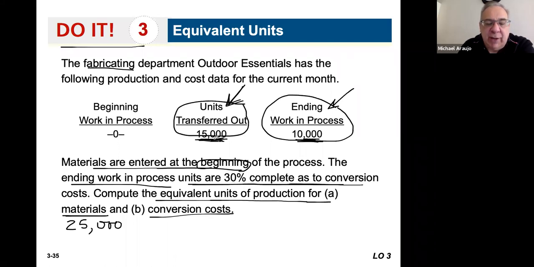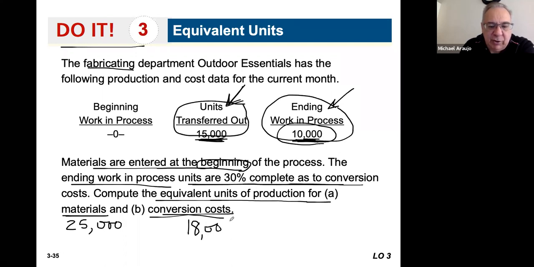If they're transferred out, they're completed, everything is there. So for conversion costs, all 15,000 of the units that have been transferred out have conversion costs in them. But we're going to only add 30% of that number, which is 3,000. So in terms of equivalent units for conversion costs, 15,000 plus the 3,000 will give you 18,000 here.